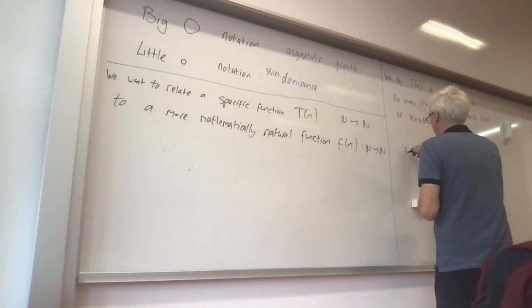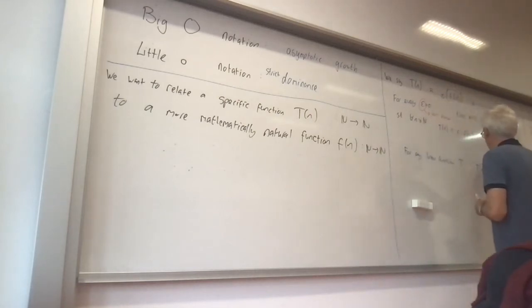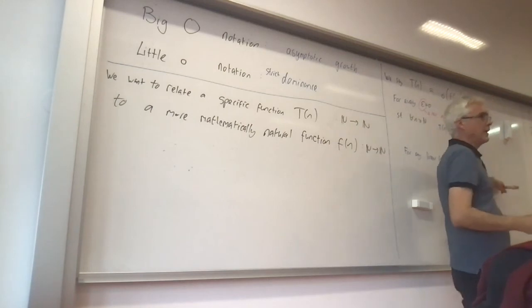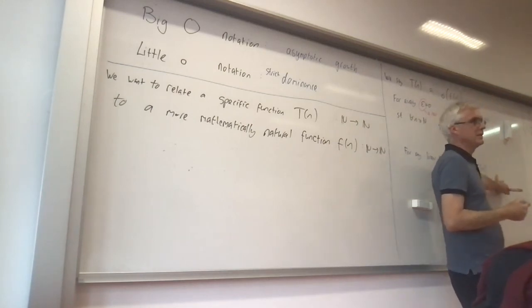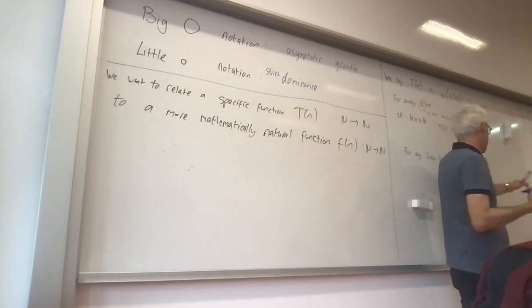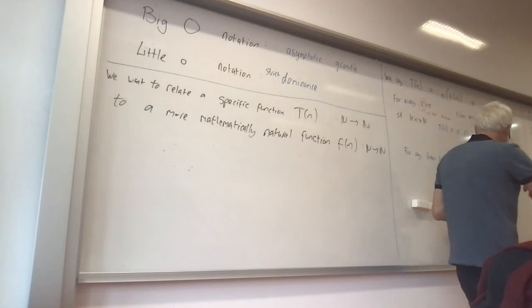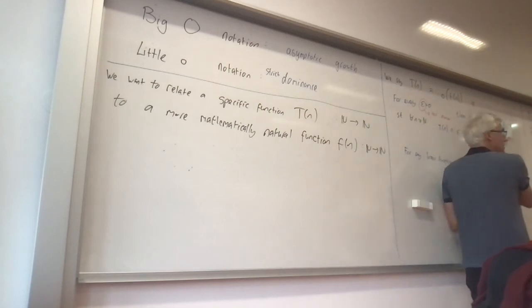So now we have that for any linear function f of n, T of n is not little o of f of n, because for little o we can use the identity function with a small multiplier, and T of n will not be below it.